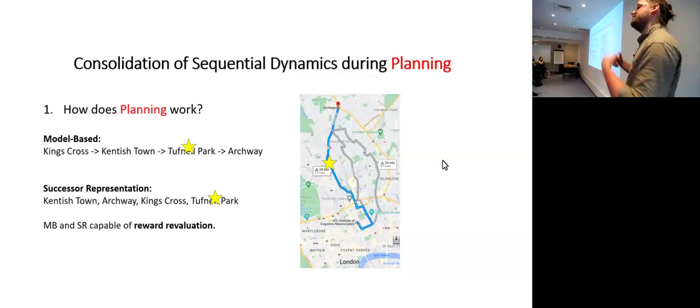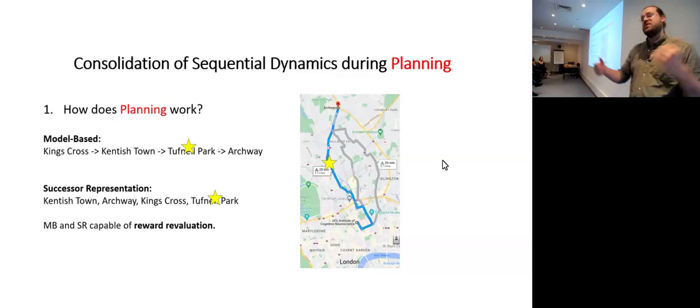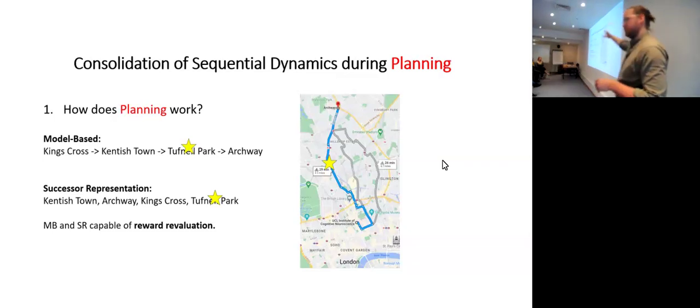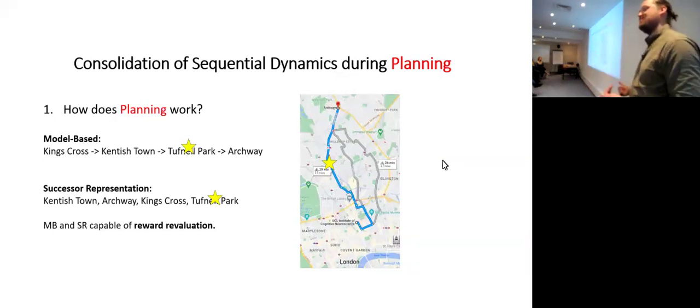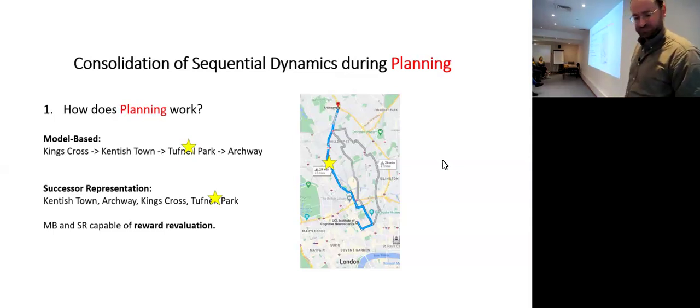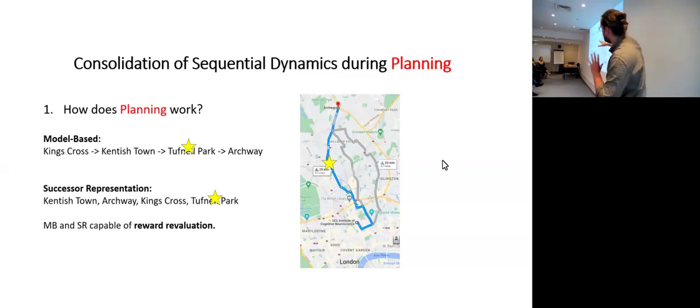And if someone tells me just before I'm about to head home that the Lidl closed down, then I can use either of these two representations to actually downgrade the value of that route, because Kentish Town is in the model-based representation and in the SR representation. So both, and this is what's called reward revaluation.